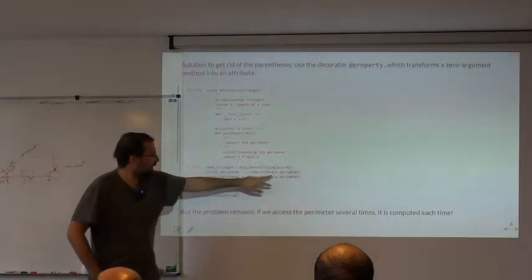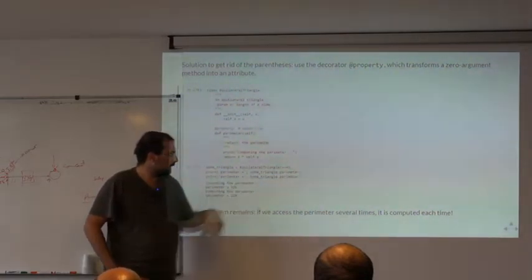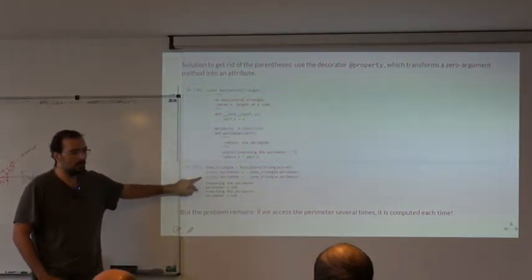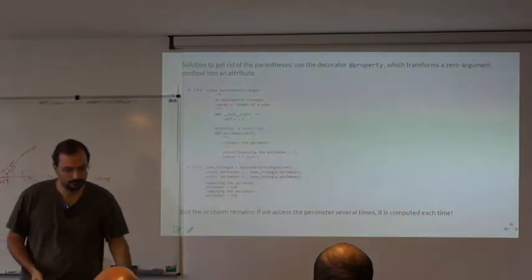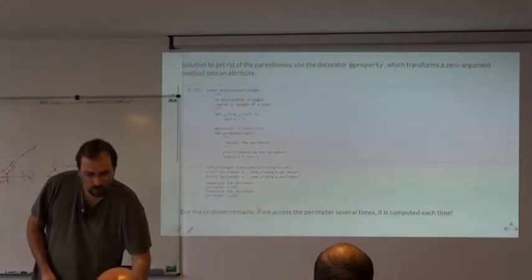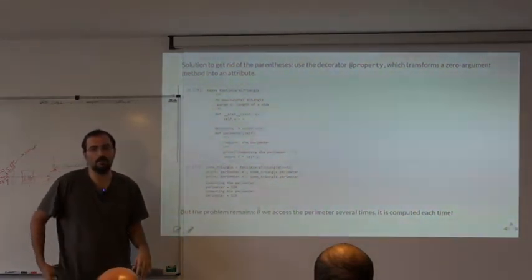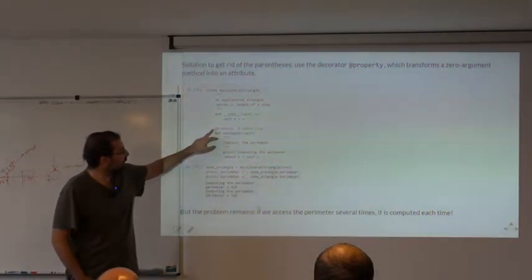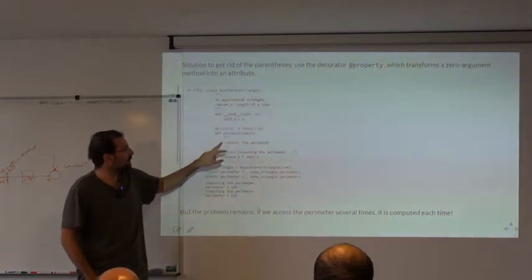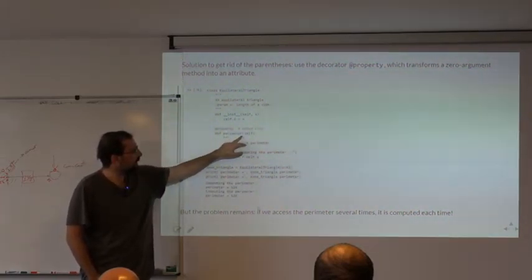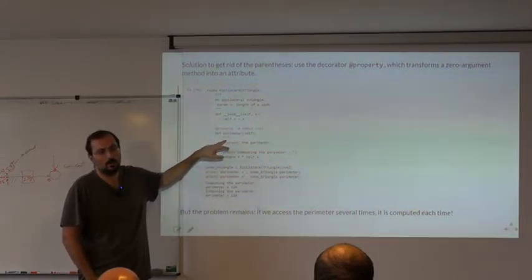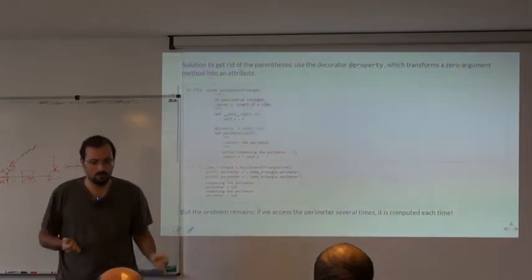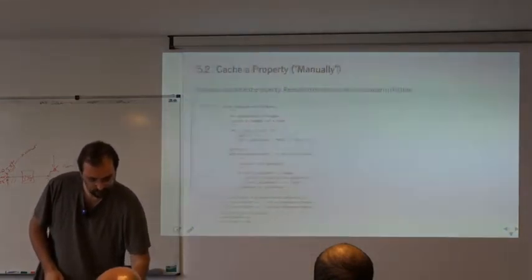So this is okay. Now we can code the perimeter without parentheses, but we still have the big problem, which is to compute it every time. For people that are used to other programming languages, by using property here, we essentially say that this method is the getter for an attribute called perimeter.